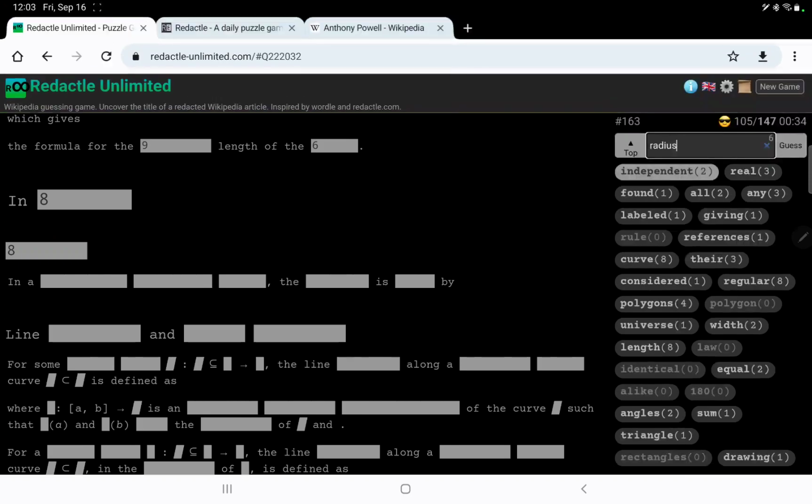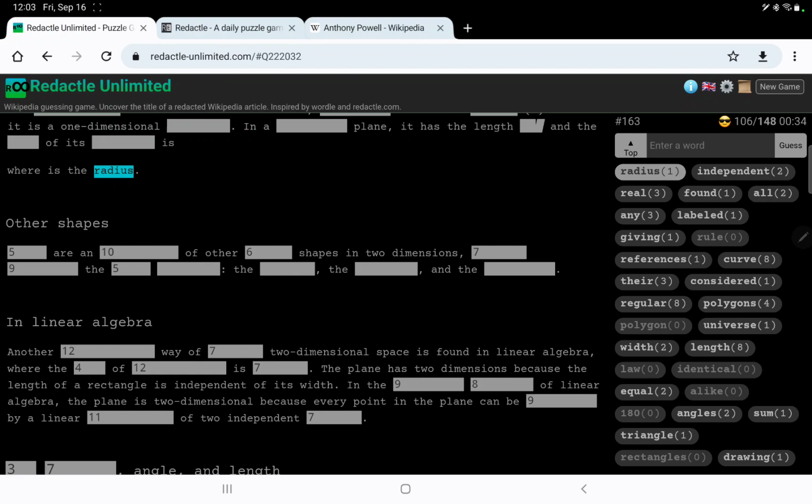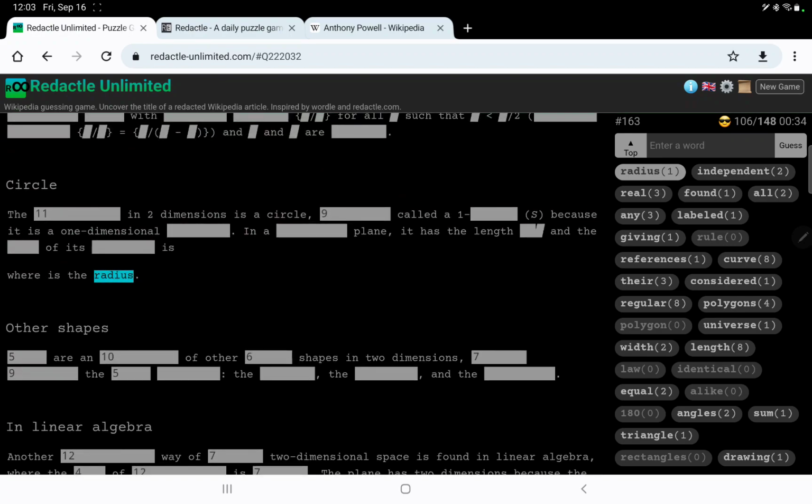Well, let's try radius. One radius. Okay, I think there may be some Greek letters that are missing, which may be why that other line didn't read right to me. The something in 2 dimensions is a circle, not the sphere.